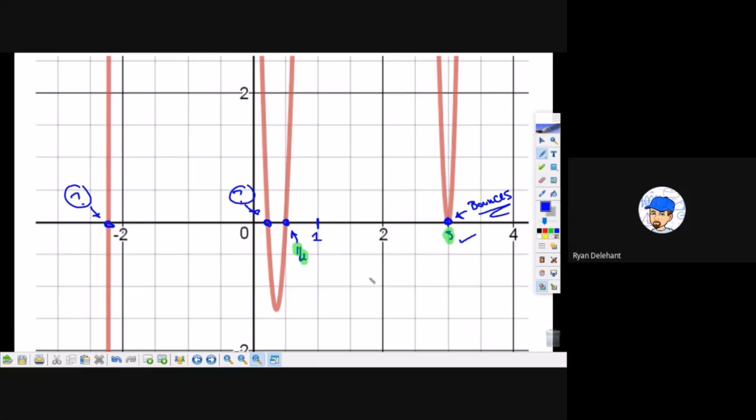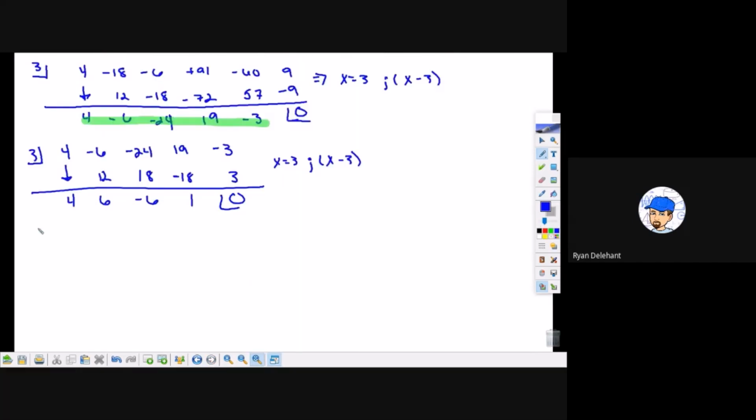So we're going to divide that +1/2 in this thing. Now again, we only need to work with the answer portion. So we get 1/2. This is 4, 6, -6, and 1 that we had left. Bring the 4 down. 4 times 1/2 is 2, which gives you 8.